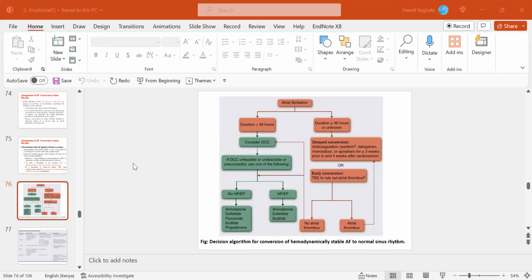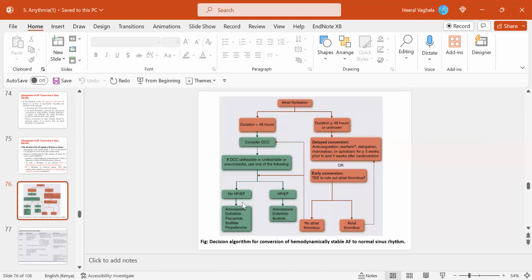Okay, so for atrial fibrillation, if it's less than 48 hours of onset, then you consider a DCC, which is a direct cardioconversion. Yeah. And if that is not successful, then you now give the drug.